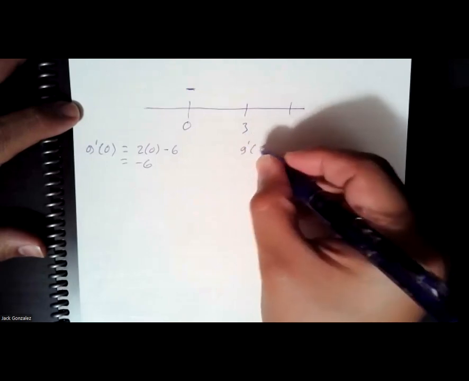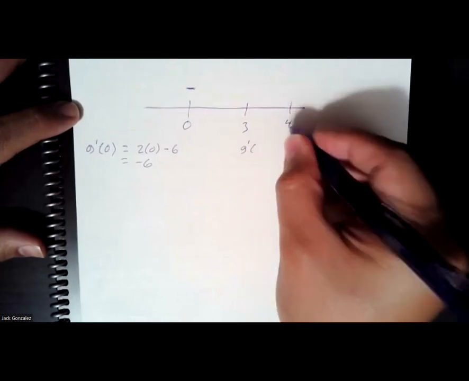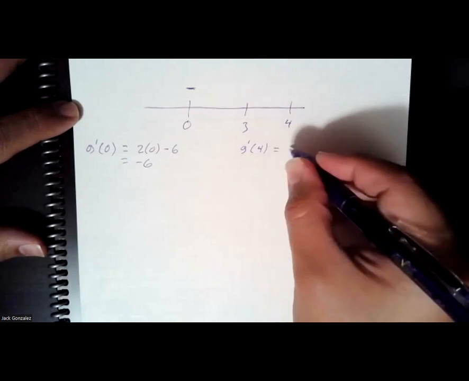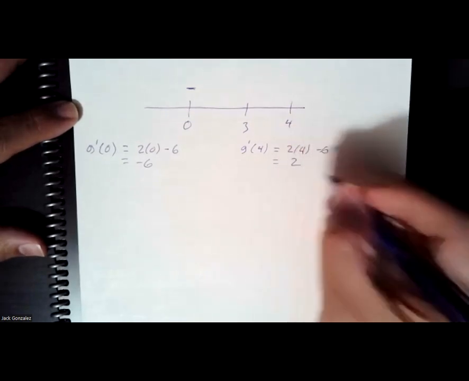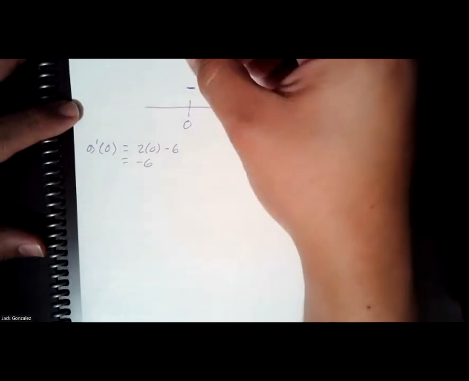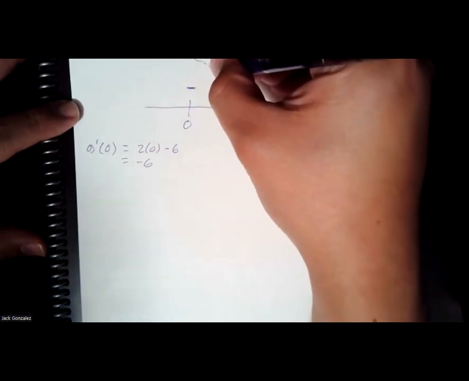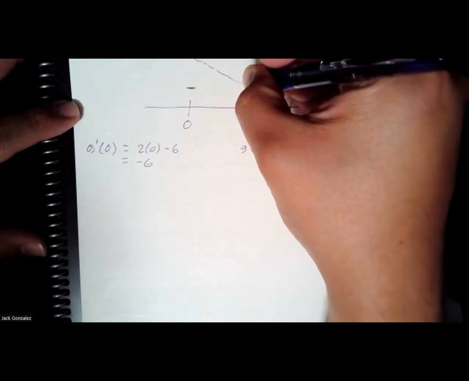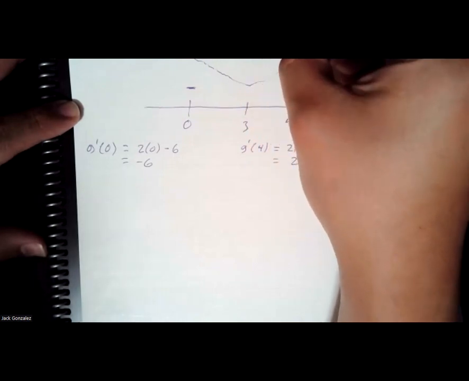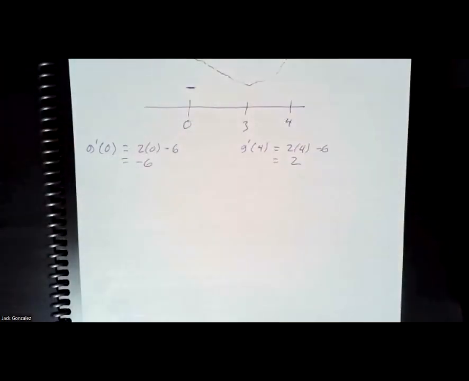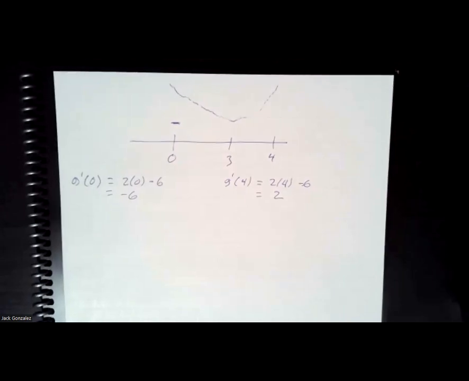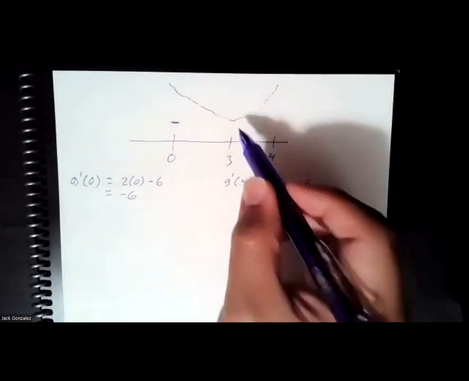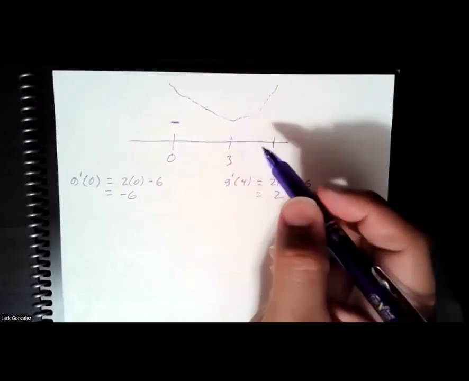Now test, let's pick 4, I guess. That'll be 2 times 4 minus 6, which is 2. So we're going downward, and then as soon as we get here, we start to increase. So you can see what's happening, right?